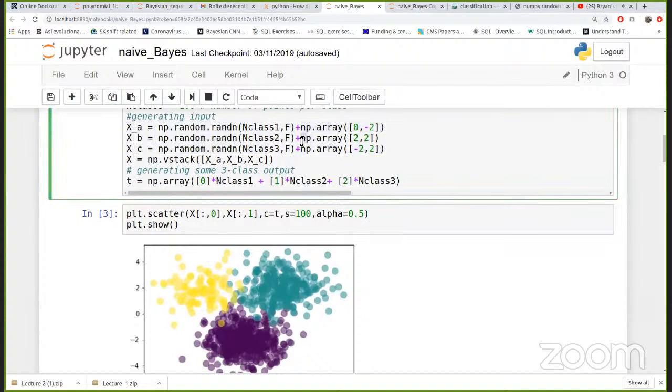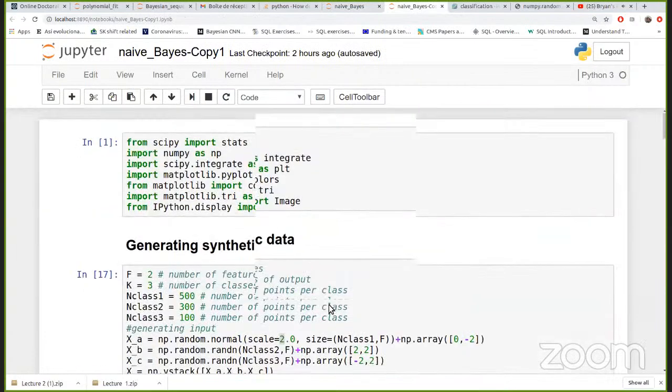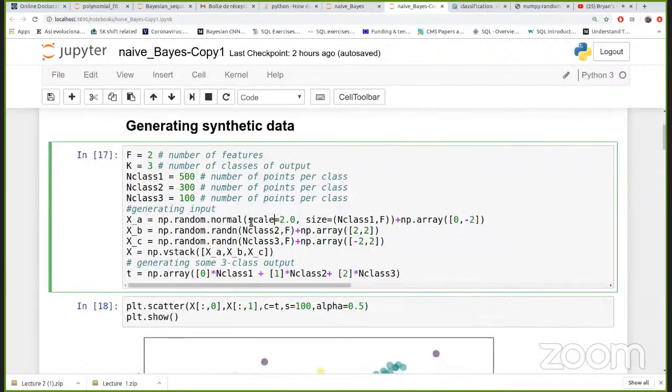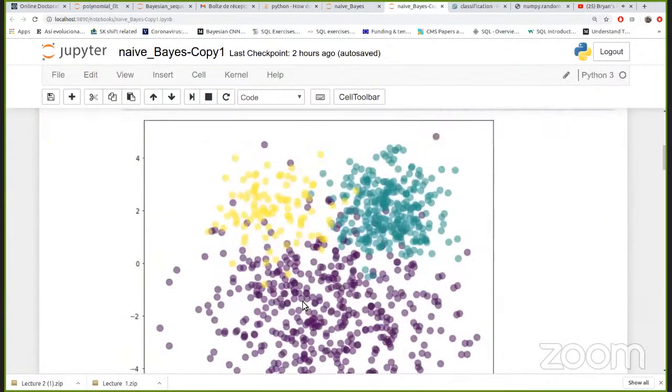I'm using Gaussian centers here to generate the data set, and you can explore different standard deviations of the normal generating these data sets.